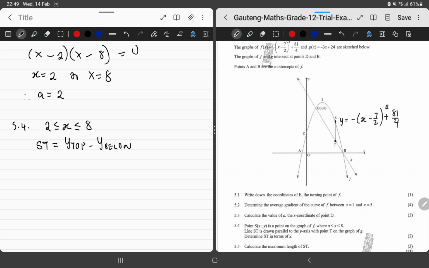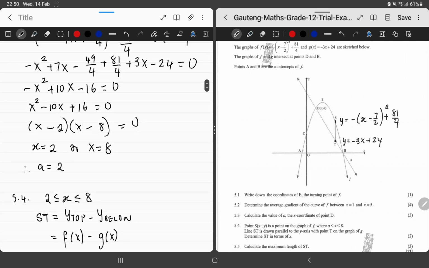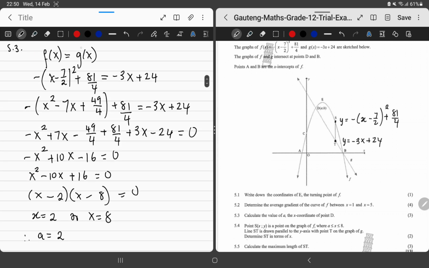And then that y there is represented by negative 3x plus 24. So essentially I'm just saying f(x) minus g(x). These two at this point were equal, right? And then when I transpose g(x) to the left-hand side, I'm going to have f(x) minus g(x), which is equal to 0. So all of this should be equal to that.